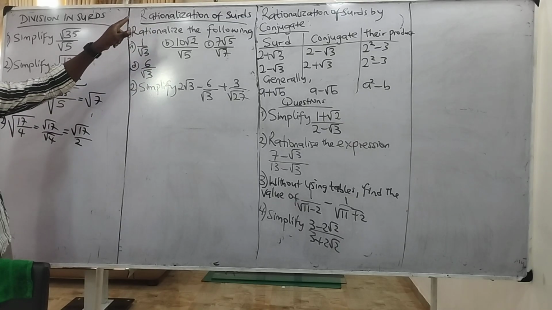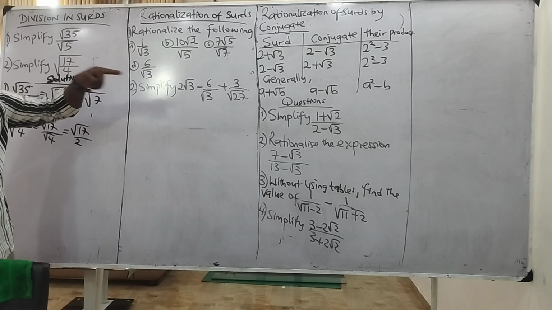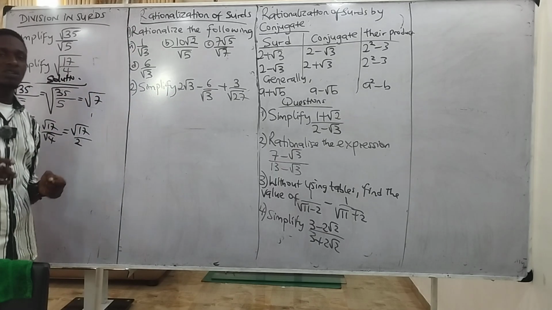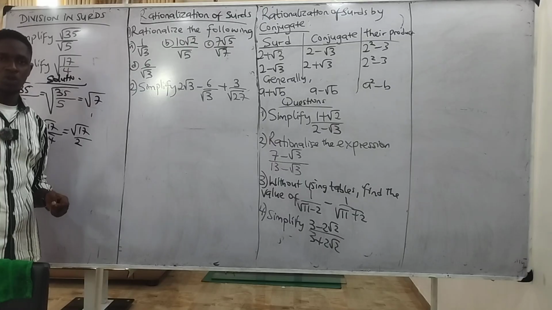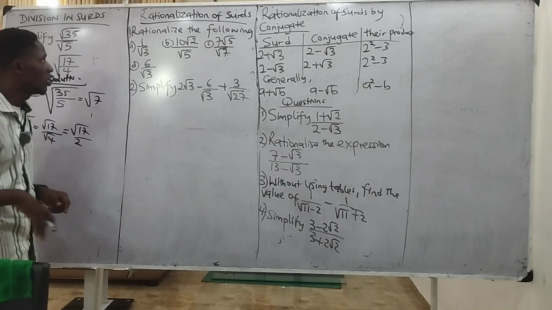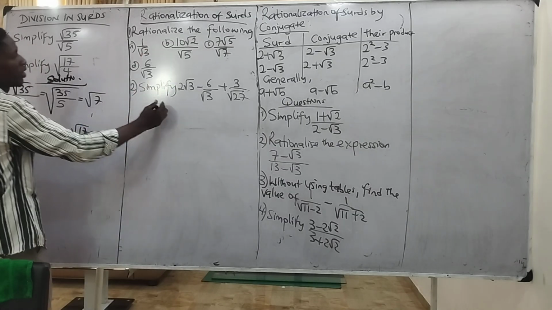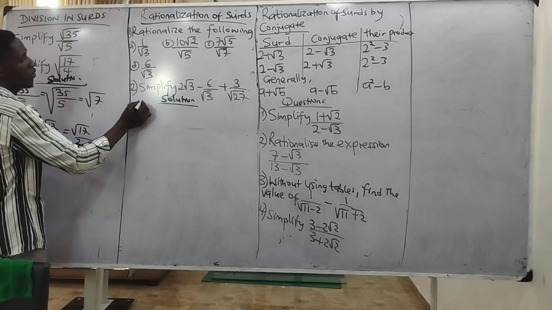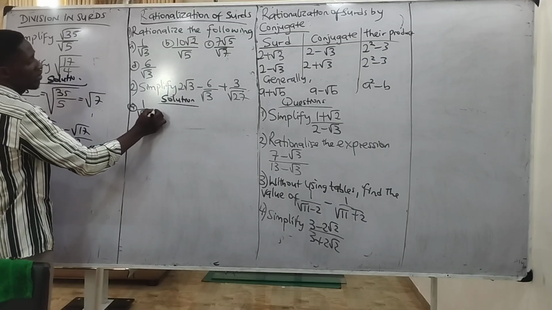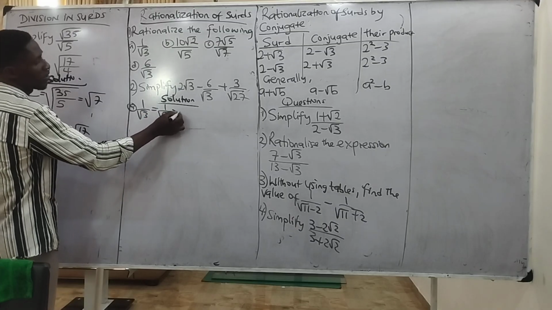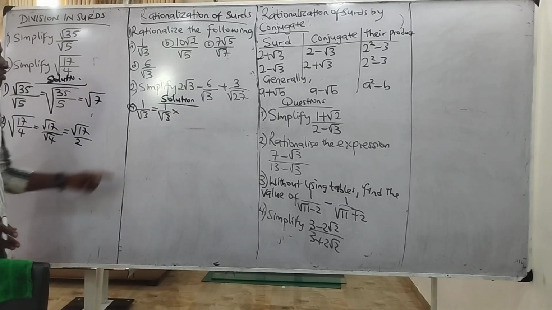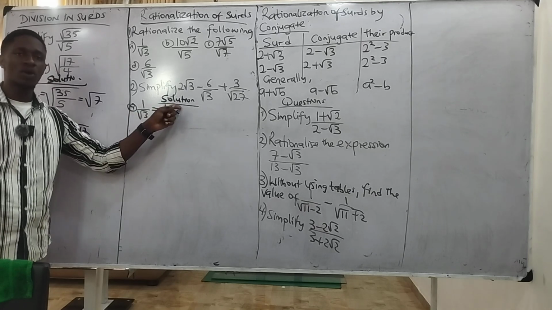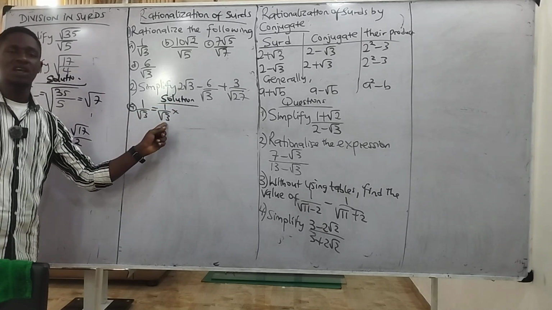We call it rationalization of surds. To rationalize means to make the denominator a whole number without the square root. So we rationalize the following. Let's start with this one here. We have 1 over root 3. The rule is that you multiply the numerator and denominator by whatever is down here.